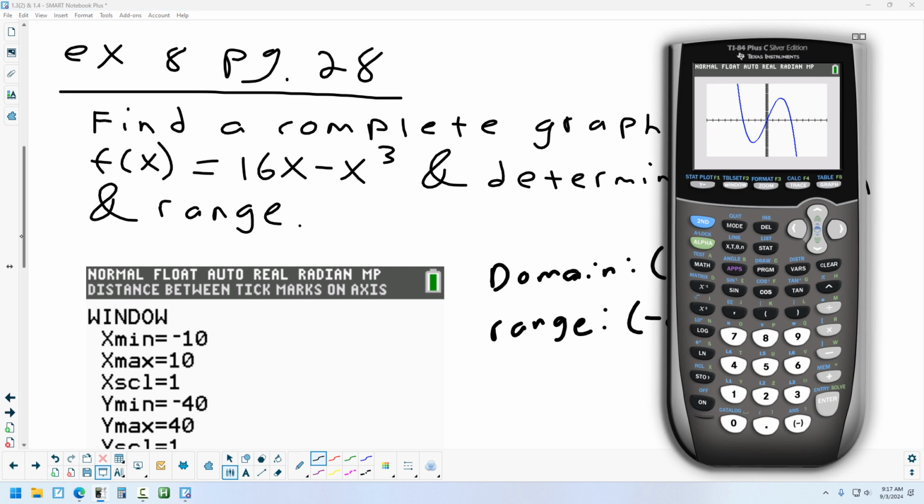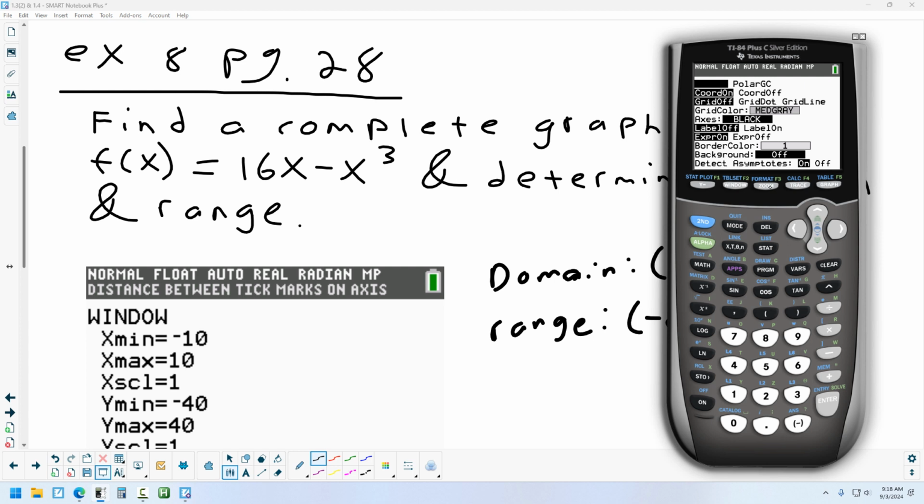Okay, so somebody noticed when they typed in the integer function, it connected everything. It's not supposed to look connected. If I do zoom 6, it's supposed to look like those horizontal lines. They're not supposed to be connected. If your calculator is connecting them, it's probably because something is turned on that's different than mine under format.